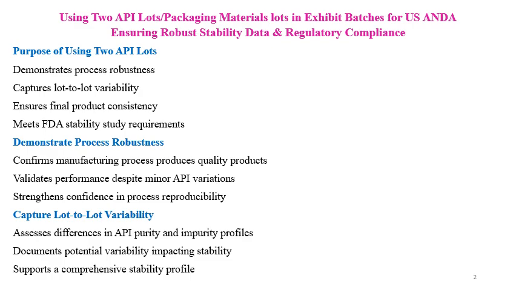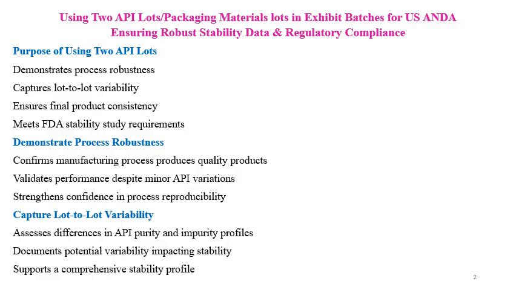Process robustness is required to be demonstrated, and that's why API lots are used. It confirms the manufacturing process produces quality products, though there are different lots of the APIs. That means the exhibit batches are not API lot specific. It validates performance despite minor API variations and strengthens the confidence in the process reproducibility.